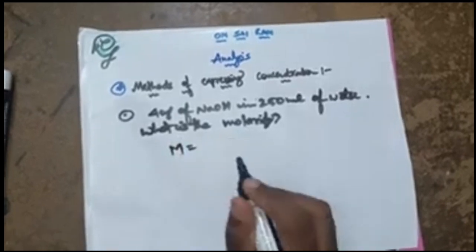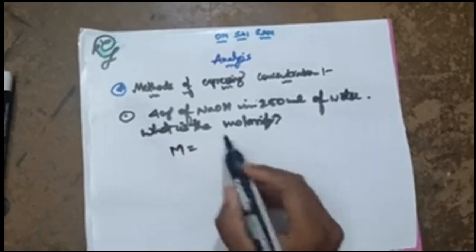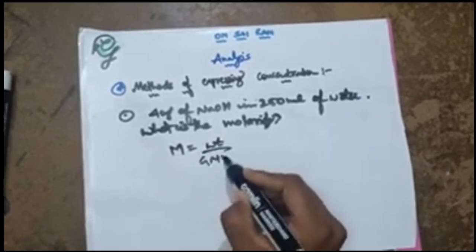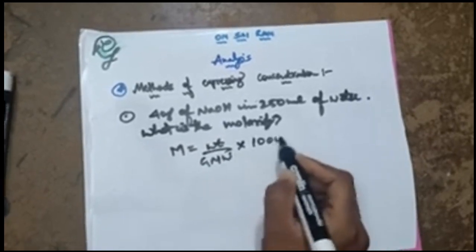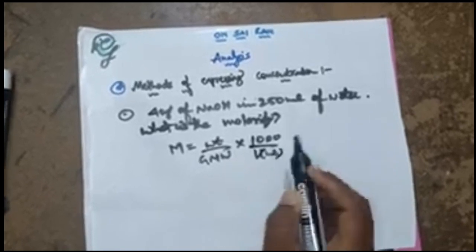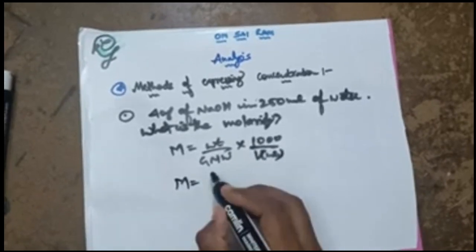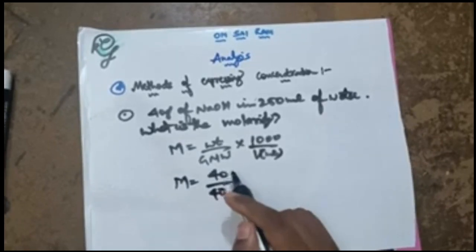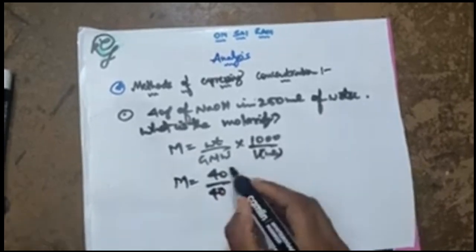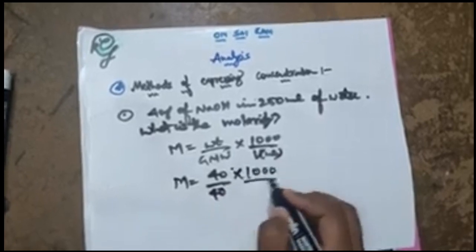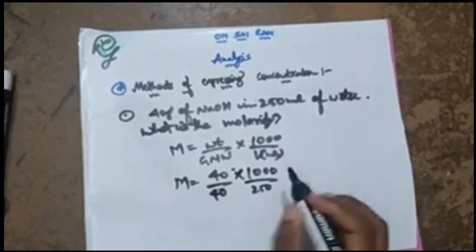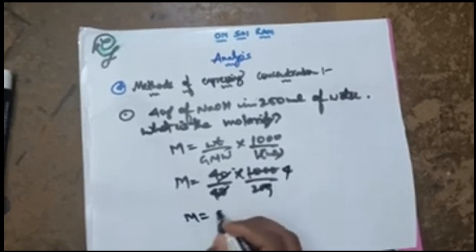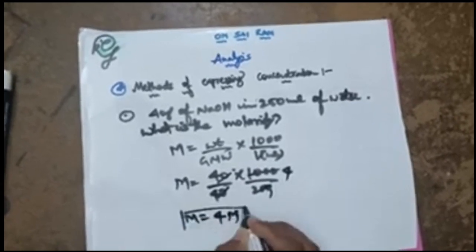M is equal to, what is the formula? Weight by gram molecular weight into 1000 by volume in ml. So M is equal to 40 by 40, because the gram molecular weight of sodium hydroxide is 40, into 1000 by 250, right? It cancels once, so the molarity is 4 molar.